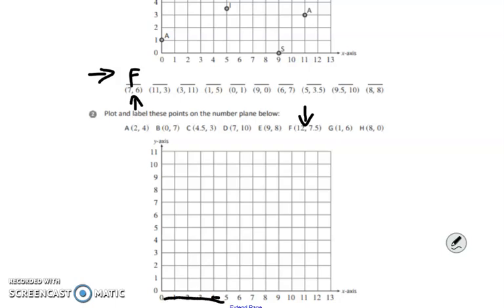We're going to go this way with our x-axis, so that's 12, and then we're going to go up 7.5, which is right here in between the 7 and the 8. We don't really talk about how to do a 7.5, but our basic common sense says that if we're going to do a 7.5, it's halfway in between the 7 and the 8. We know that this was the letter F, so beside that dot, we're going to put an F.